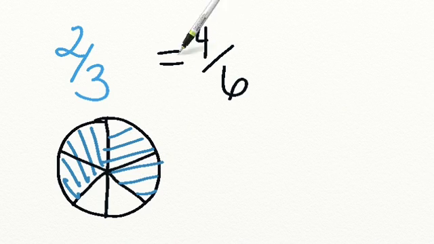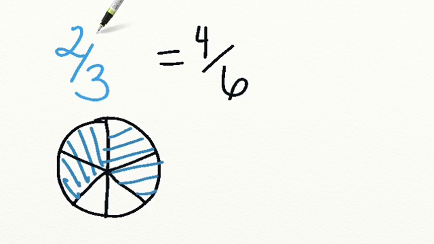So I started with 2/3, 2 out of 3 pieces. And then I cut each of those in half, and now I have 4 pieces out of 6 in all. Now what we did is we doubled the number of pieces that we have. Even though the pieces are now smaller, we have twice as many. So that leads us into our formula for finding an equivalent fraction.